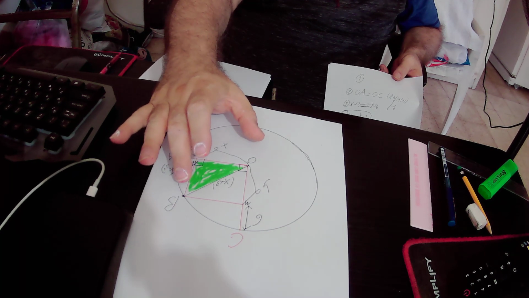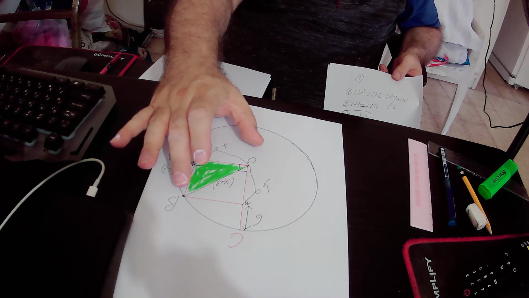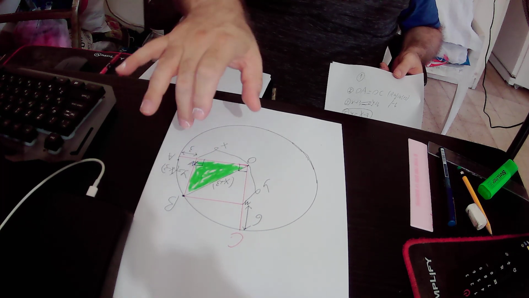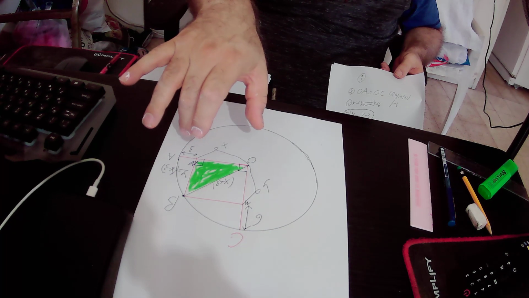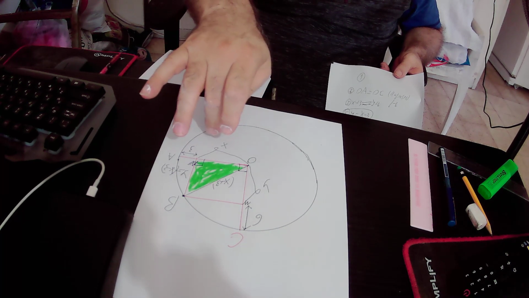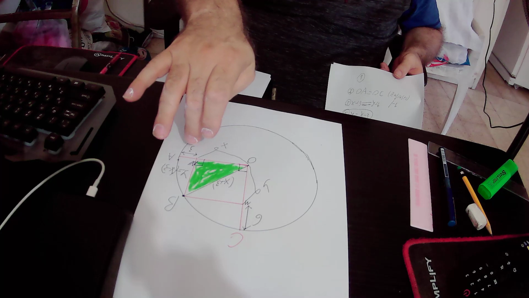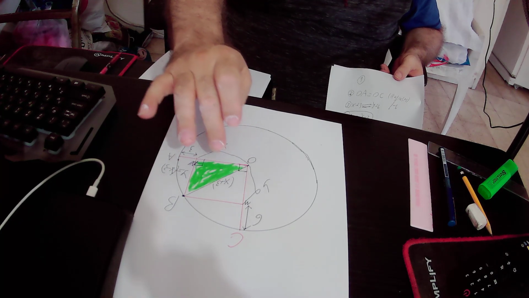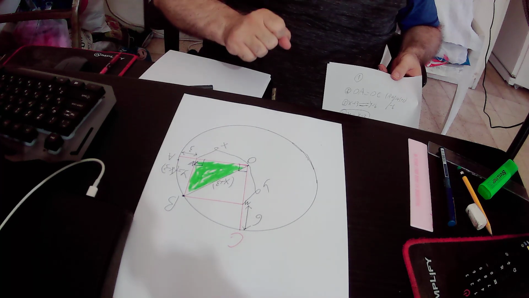Because OA equals x plus 3, OB also will be equal to x plus 3 because it is also a radius of this circle.